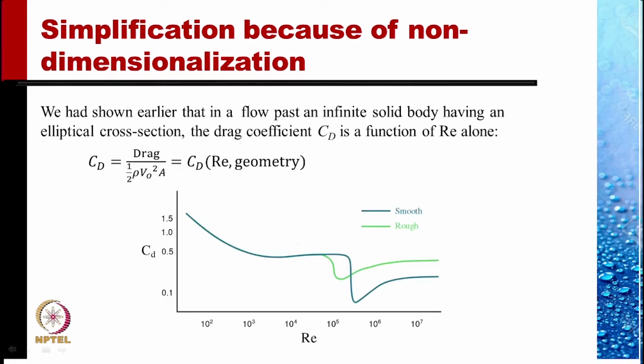And this, we make a plot for low Reynolds number. Low means of the order of 10 up to about 10 raised to the power 4. The drag coefficient is a function of Reynolds number alone, nothing else.